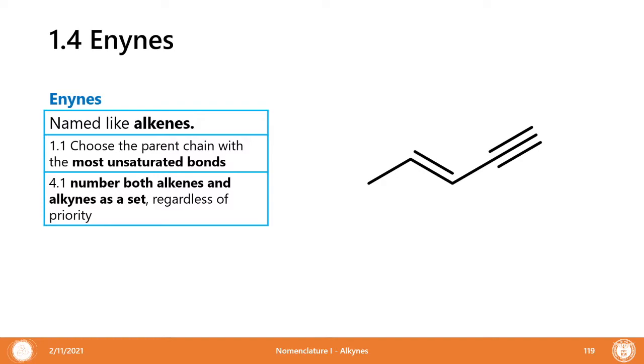It's a straight chain after all. Okay, so it contains an alkene and an alkyne, and so what we can do is determine the number of carbons encompassing all these two unsaturation points, alkene and alkyne.